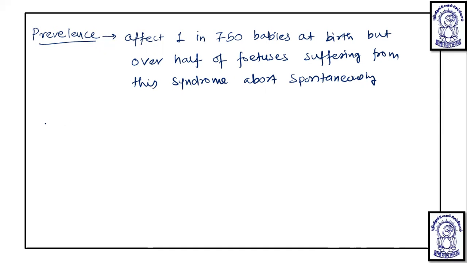Now the non-disjunction is more common in females. So frequency of non-disjunction of a chromosome pair 21 increases with the mother's age.